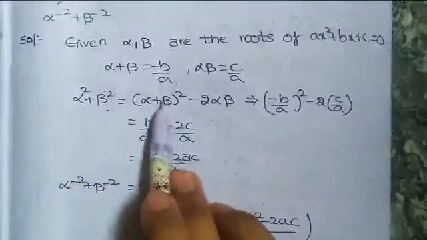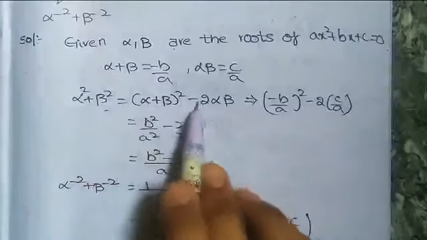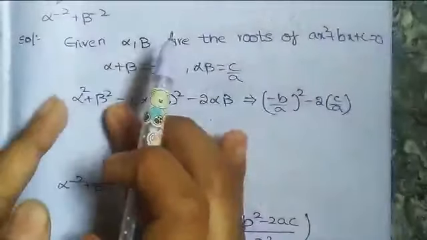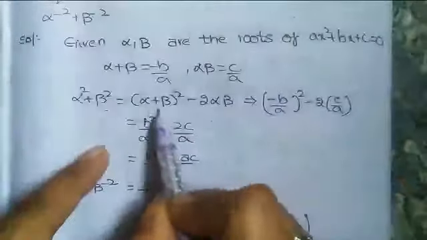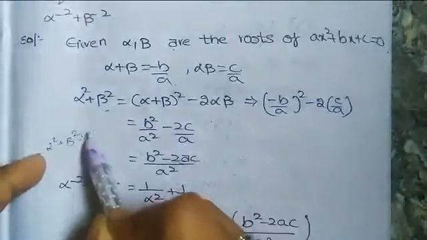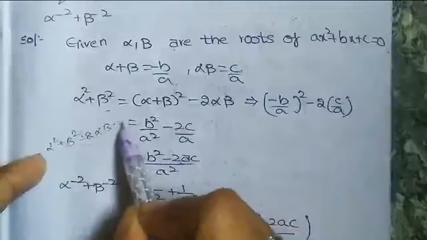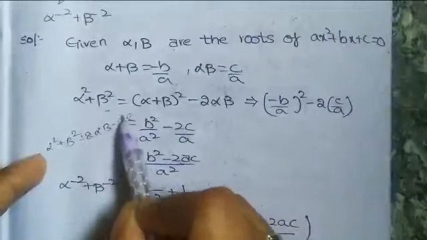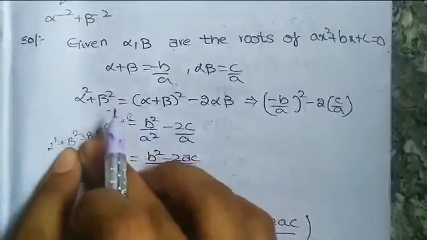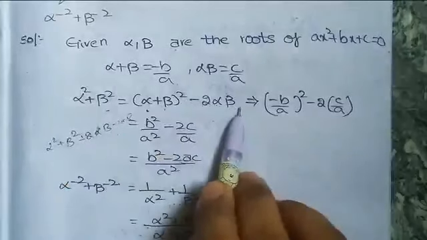I can write alpha square plus beta square as (alpha plus beta) whole square minus 2 alpha beta, because if we expand this, we get alpha square plus beta square plus 2 alpha beta, and subtracting 2 alpha beta, the terms cancel. So again we will get alpha square plus beta square.